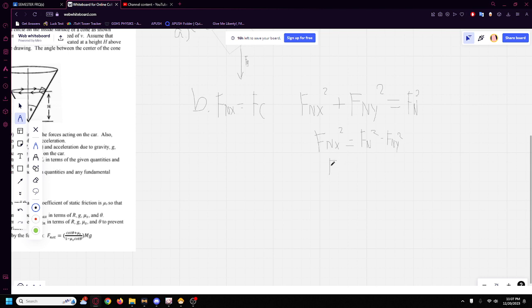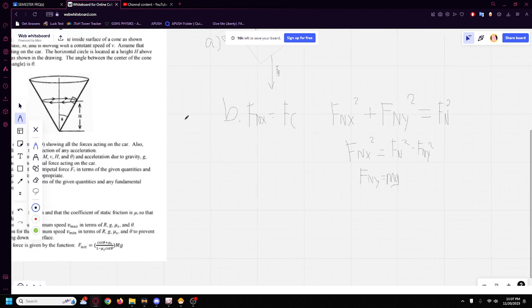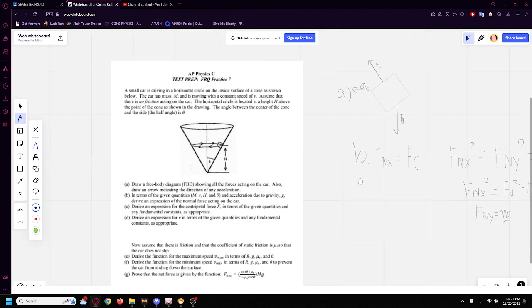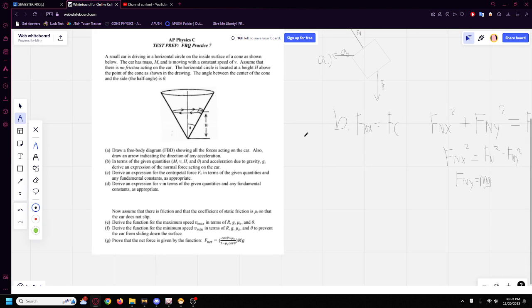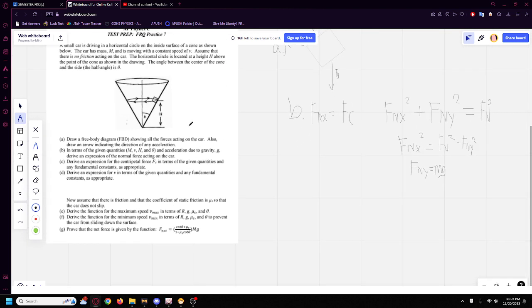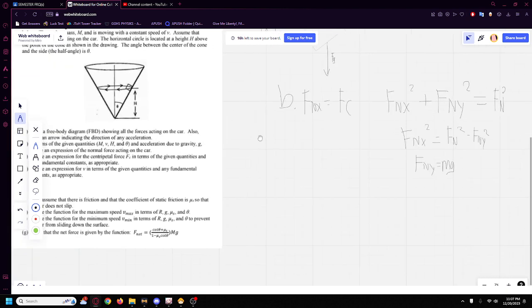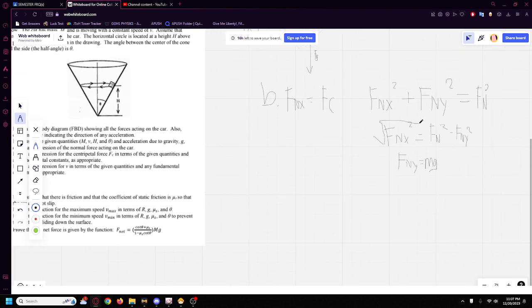And F_N y is also equal to mg, because F_N y points up and mg points down, and the car stays at the same height. So this is that.